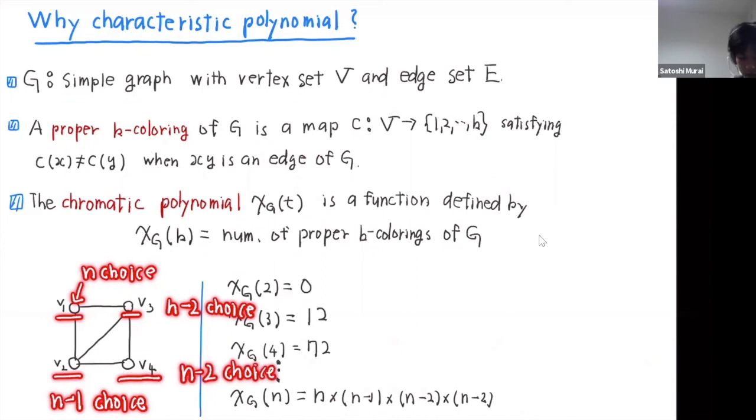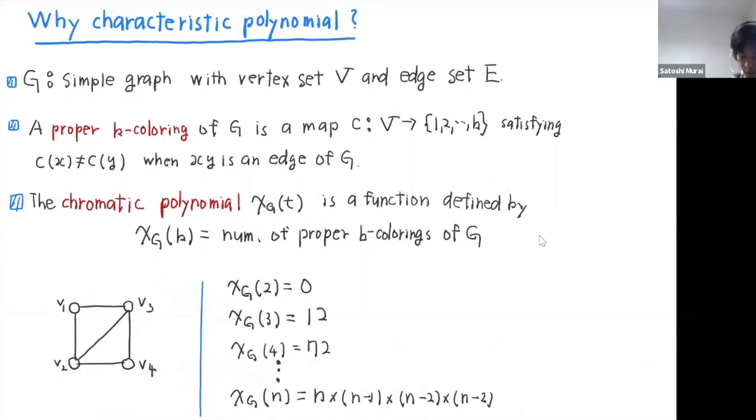The number of colorings is the product of the choices: n times (n minus 1) times (n minus 2) times (n minus 2). This is a very simple example, and you cannot always compute the number of colorings in this way, but in this case, you can.